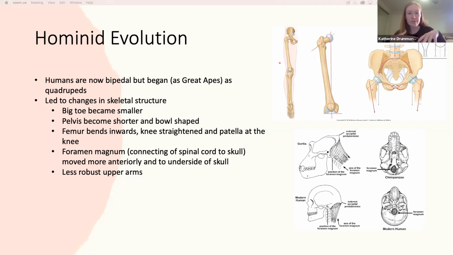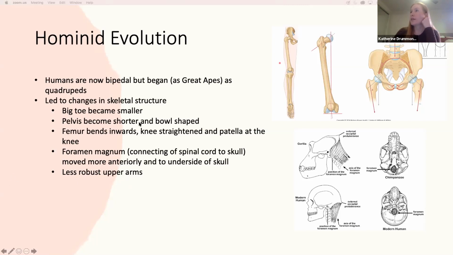It also meant that our hands were free for tool use, so to use knives, spears, flint and stone, things like that. And it also meant that we had much finer motor control. That's basically the drive for all evolution. The main thing for you to remember is that it comes about because of advantage. If it's not advantageous, it's not going to happen, is it?